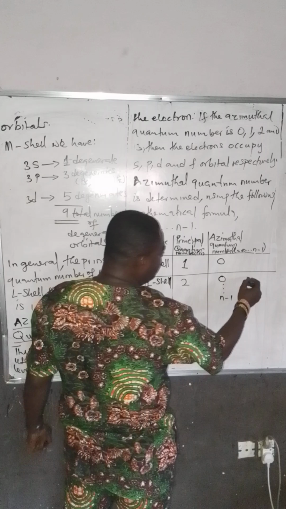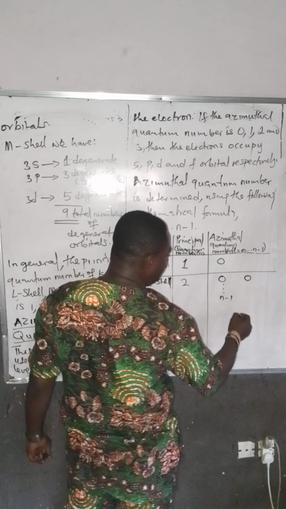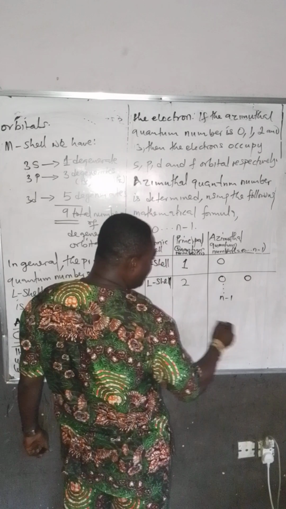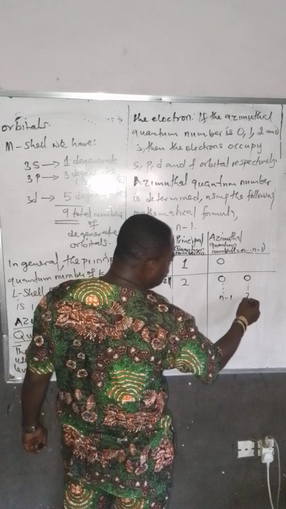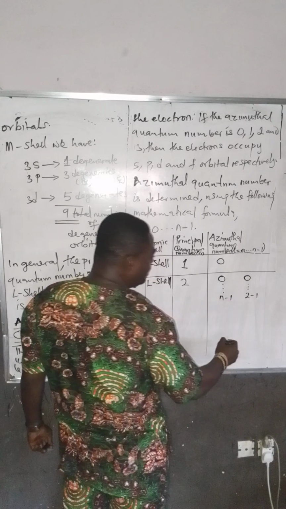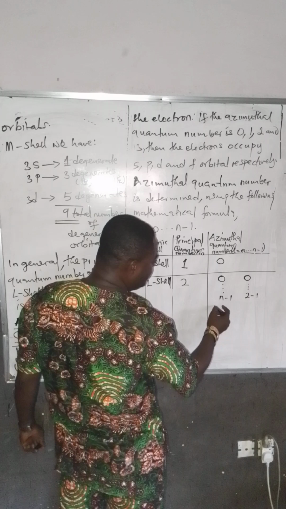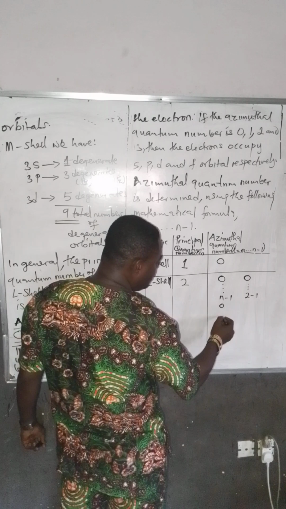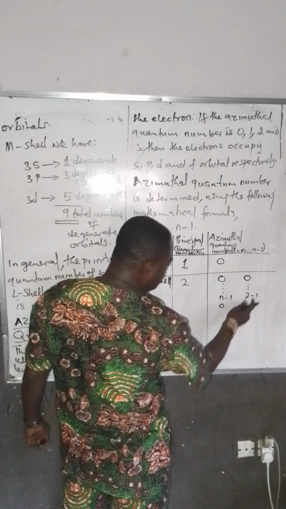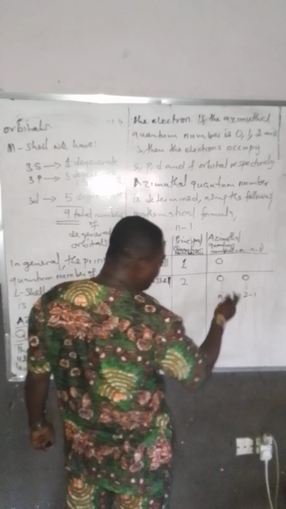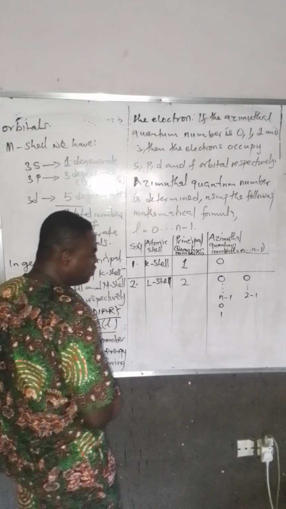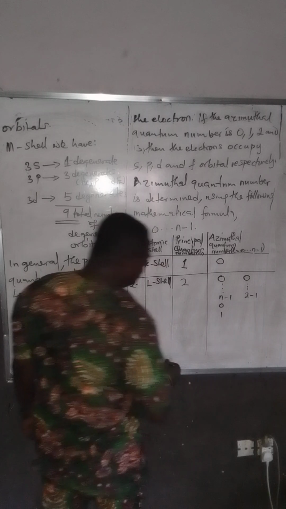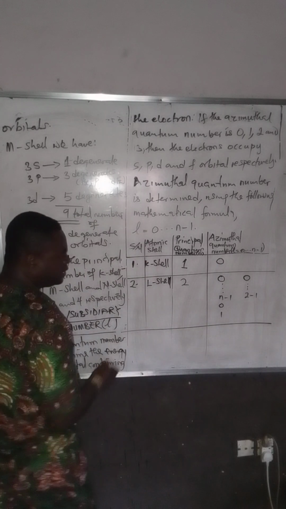N is 2, that's 2 minus 1, which is 1. So your answer will now be 0 and 1.